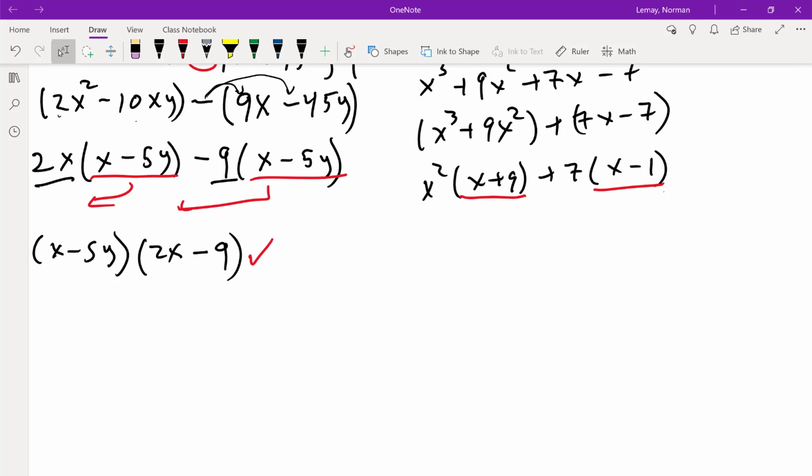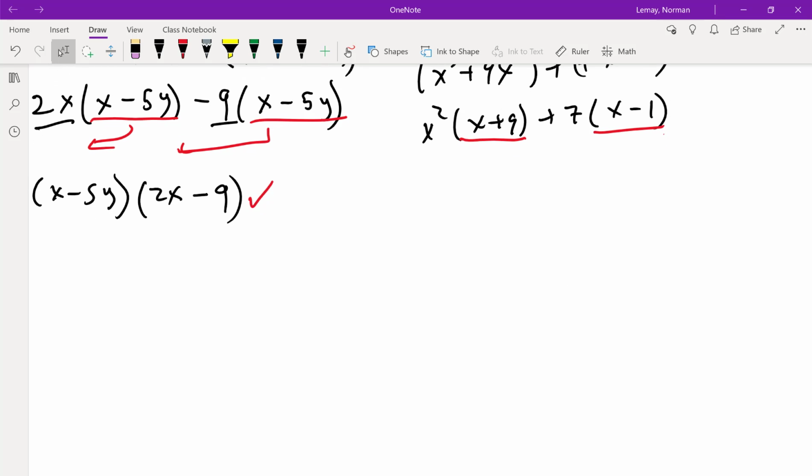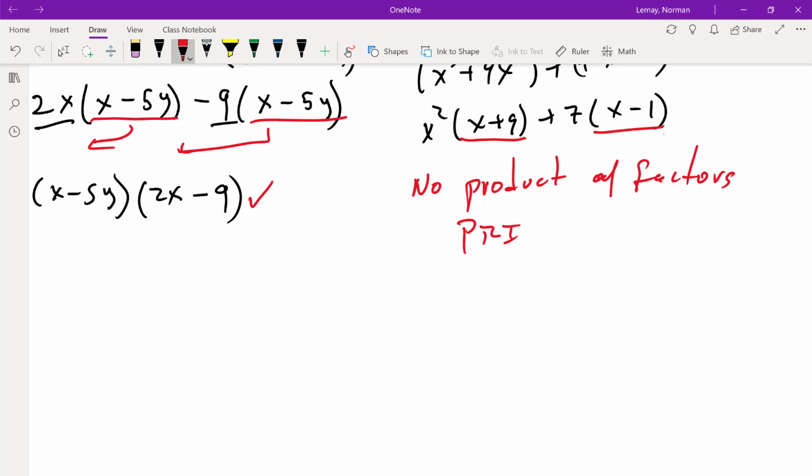So I don't get a product of factors, so I'm just going to write no product of factors. So when we can't factor to a product of factors, then we say that this is prime, kind of similar to the concept of prime numbers.